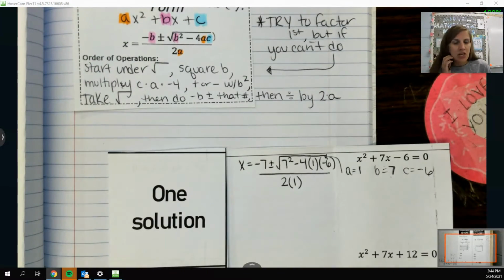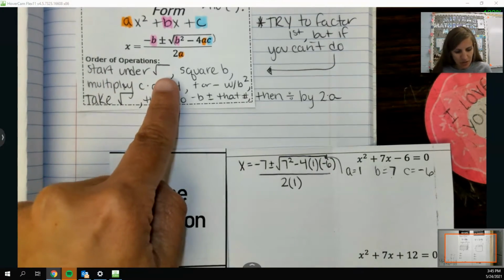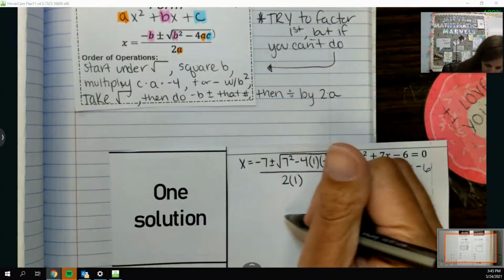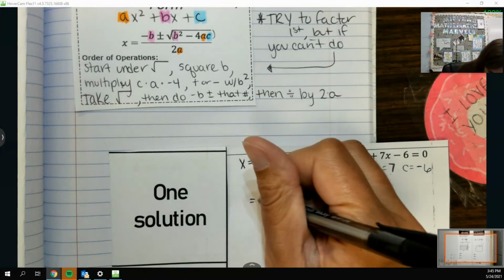Okay? So once we fill everything in, then we need to start under the root, and we need to square the b.